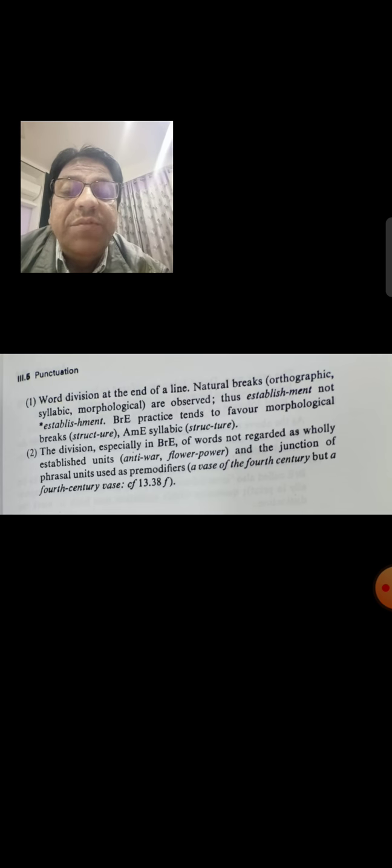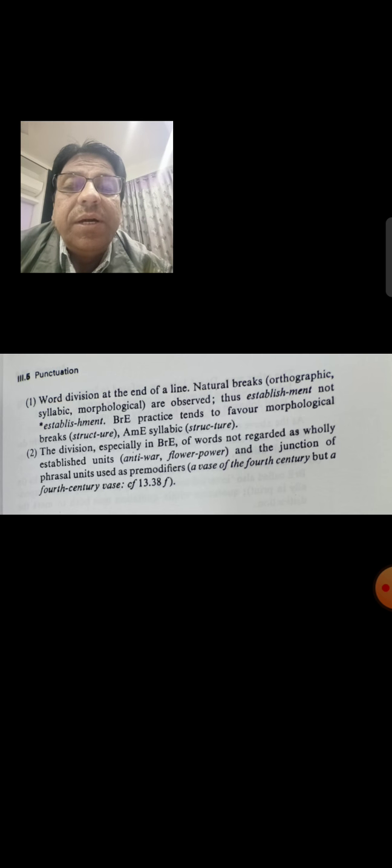Then first we talk about hyphen, the functions of hyphen. The first function of hyphen is the word division at the end of a line, which can be done in three ways. That is orthographic, morphological, and syllabic. Basically, we use morphological and syllabic. For instance, you take the word structure. Now, structure can be divided in two ways.